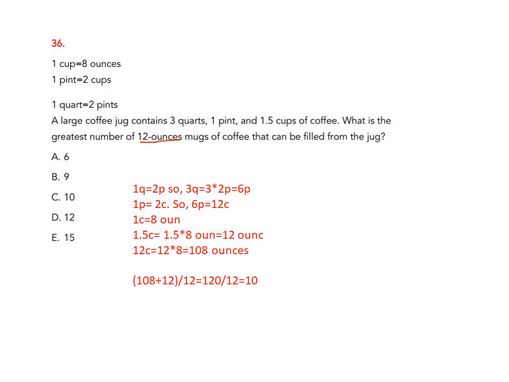So 12 cups equal to 12 multiplied by 8. So you get 96 ounces. Now add both, that is 96 plus 12, that is 108. And now divide it by 12 because 12 is also in ounces. So you have the same unit. The answer is option C, that is 10.